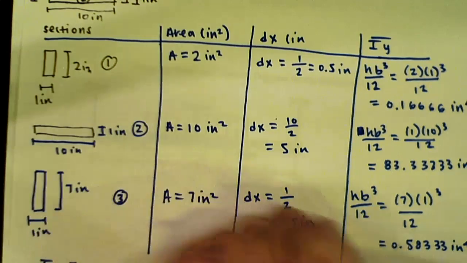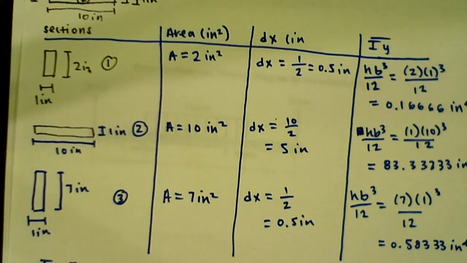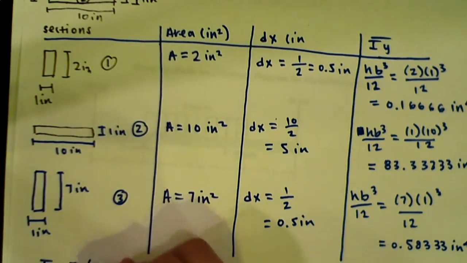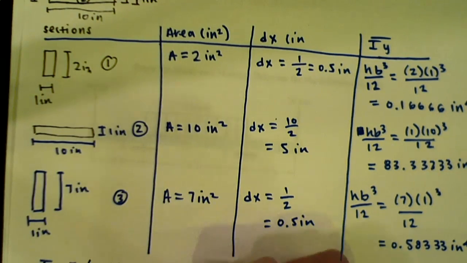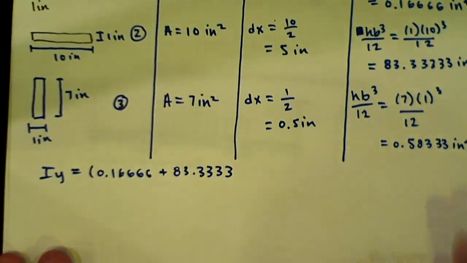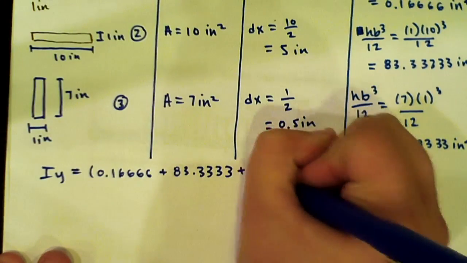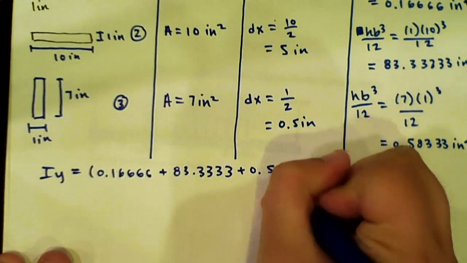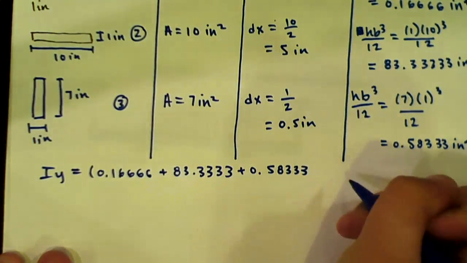So we have Iy. Now we have to do the sum of all of our Iy's. So we have to add up our 0.16666 plus our 83.3333 plus our 0.58333.